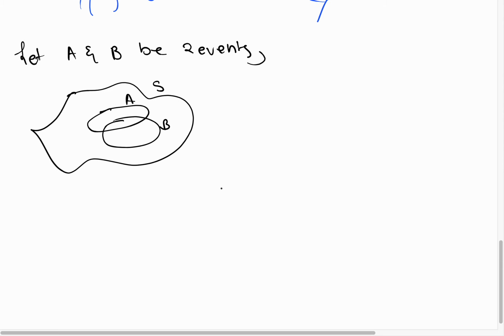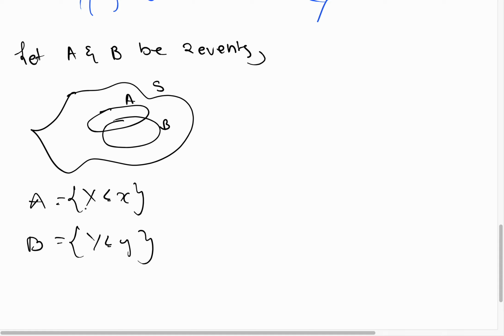So A is equal to X less than x. We will understand it more clearly by plotting them graphically. B is equal to Y less than y. These are going to be my two events.